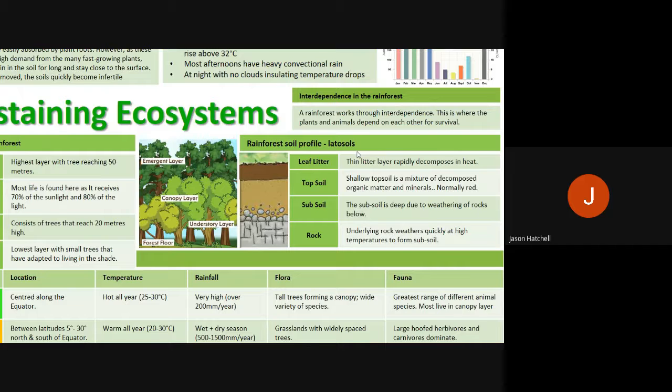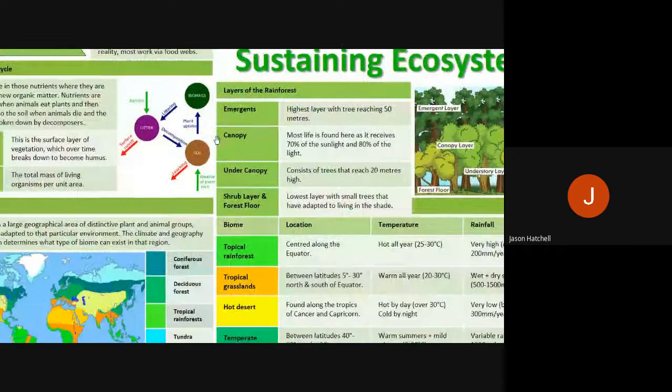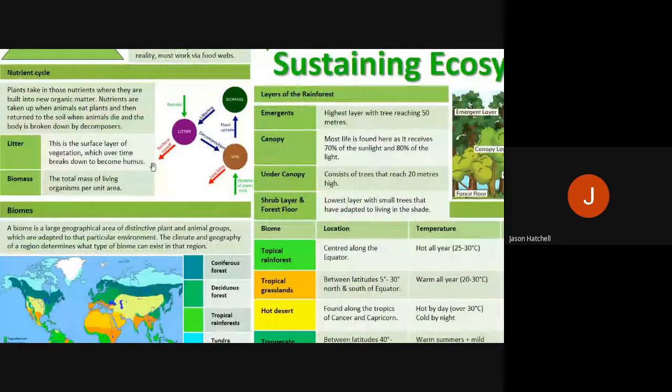So, for example, buttress roots, which is not on here, but buttress roots are roots that actually grow horizontally on the rainforest floor. And they've grown horizontally because, as we said earlier, the nutrient cycle creates what's called a humus layer, and that humus layer is very fertile.